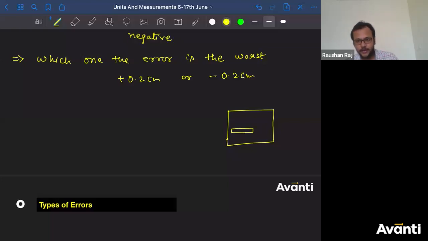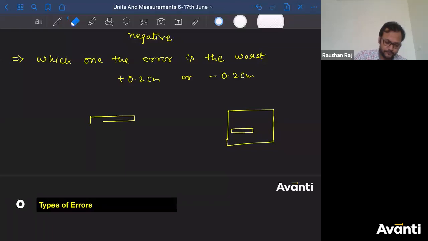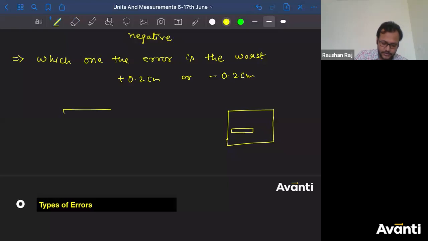All right. Now if you go to a shop where this rod is sold and ask for a 10 centimeter rod, while buying this particular rod, the shopkeeper can tell you, or you can ask him, what will be the error in this?